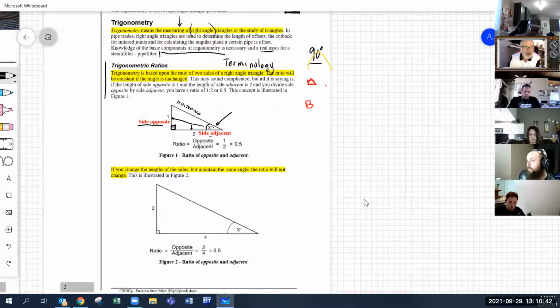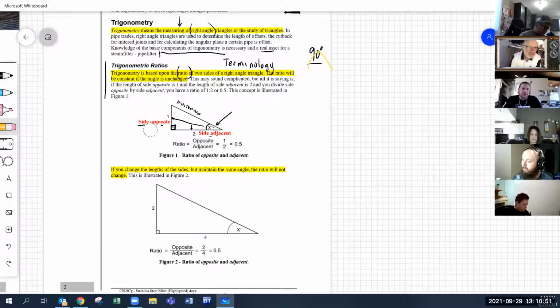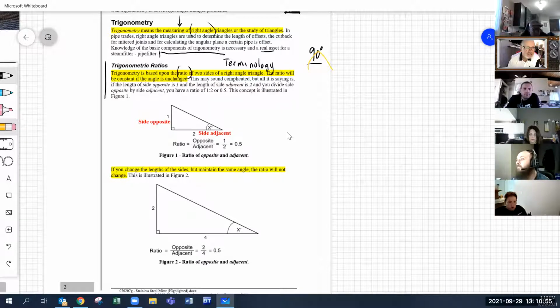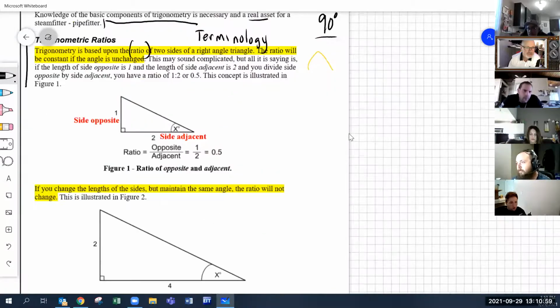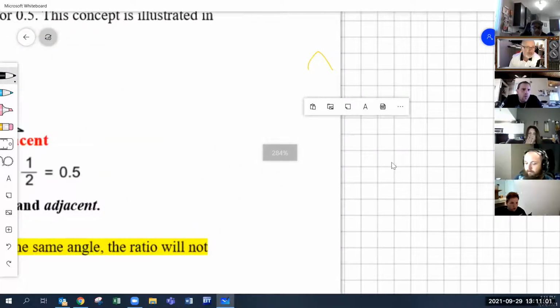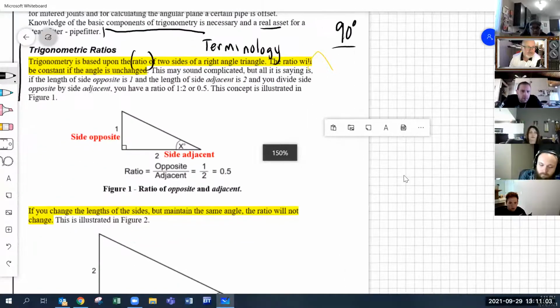Now, trigonometry is based upon ratios. Okay? It is based upon ratios. And it says two sides of a right angle triangle. And in this example they show here, they simply take the side opposite and divide it by the side adjacent. Now, if my mouse would work, oh, there it goes. It's just a little delayed.